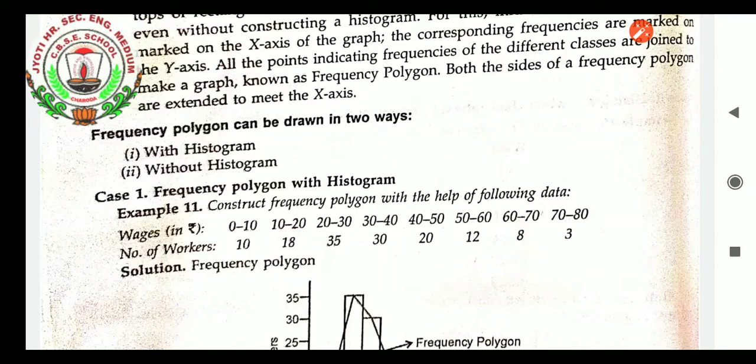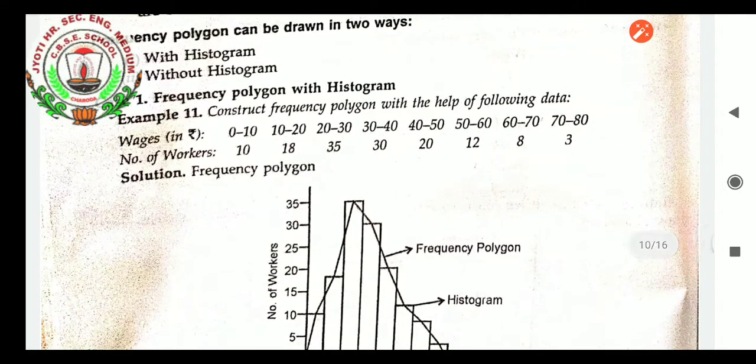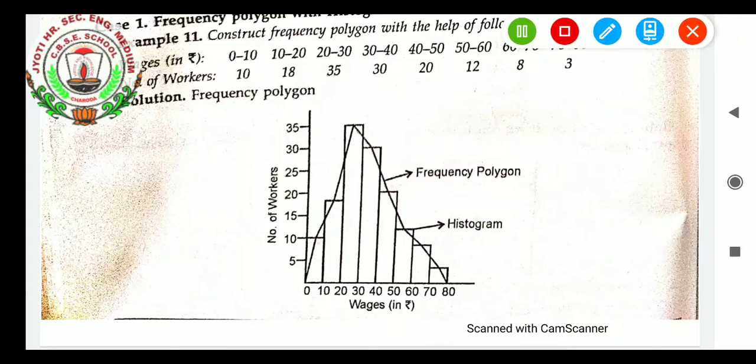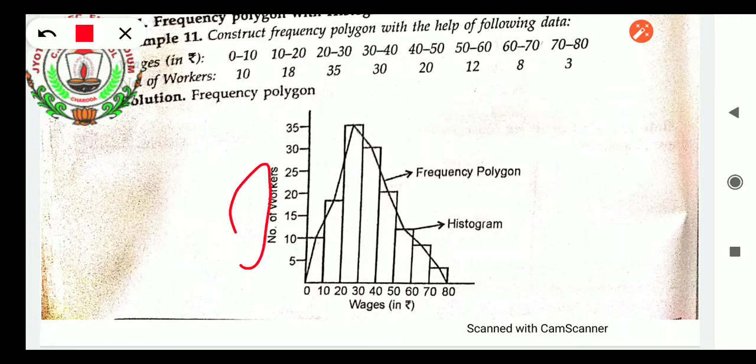Construct a frequency polygon with the help of the following data: 0 to 10, 10 to 20, 20 to 30, 30 to 40, and likewise, where the number of workers is given. You can see there, the number of workers will be on the y-axis as it is drawn there, and the wages will be on the x-axis, in class intervals. So you have drawn the same histogram, but where the pointing is, for example 0 to 10, the class has 10 workers.